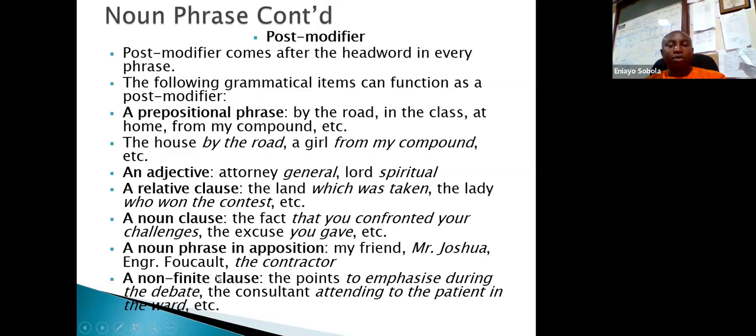A non-finite clause can also post-modify a noun. For example, the points to emphasize during the debates. The major element, which is the head word here, is points. It's a noun. To emphasize during the debates is a non-finite clause, a to-infinitive, which post-modifies the noun points.